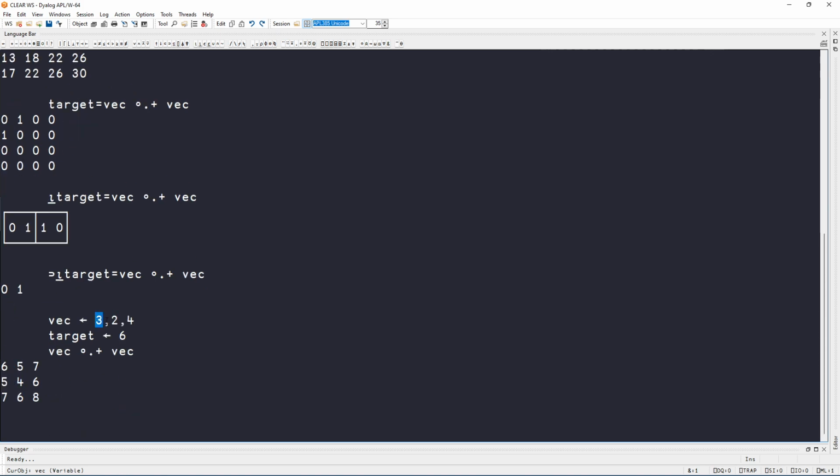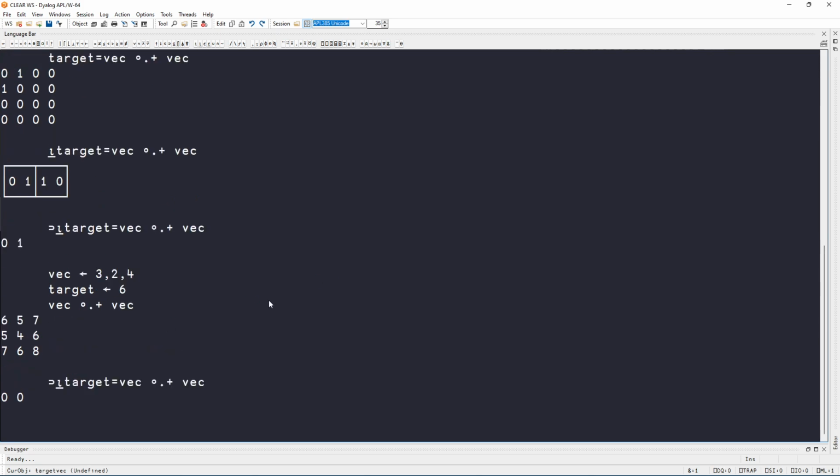Why? Because 3 plus 3 is 6. And so when we do the pick of the where of the target equals the outer product, we get repeated indices. And this is not okay, because we can't use the same element twice. Or in other words, we should ignore the diagonal.